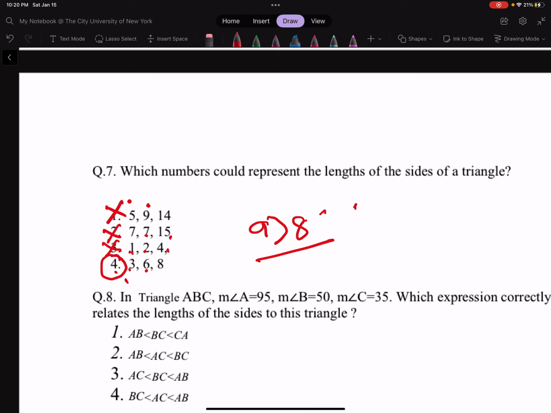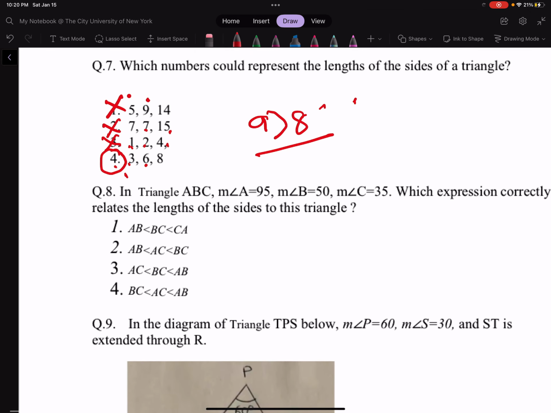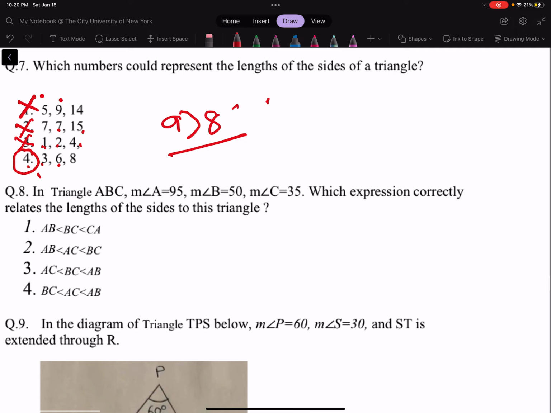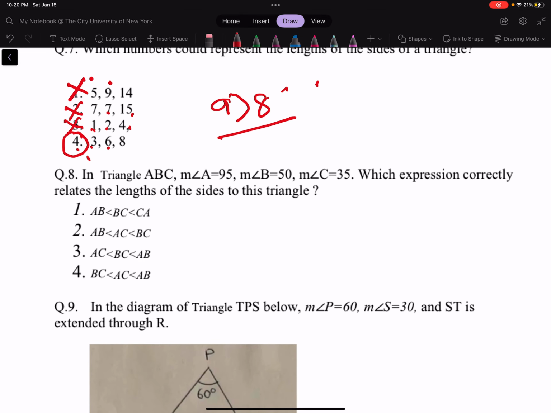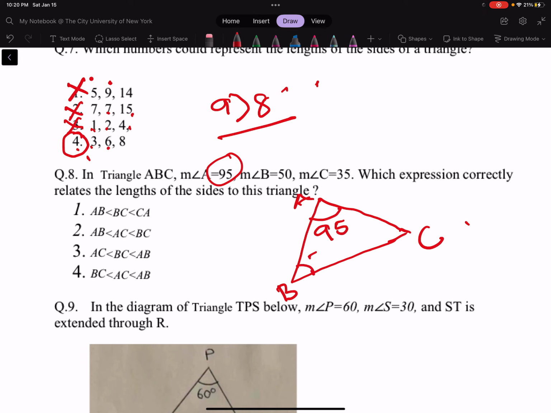All right. Then another one, where ABC is about the sides. Same rule. Let's draw the triangle. Let's say this one is A, this one is B, this one is C. Angle A is given as 95, angle B is 50 degrees, and the measure of C is 35.